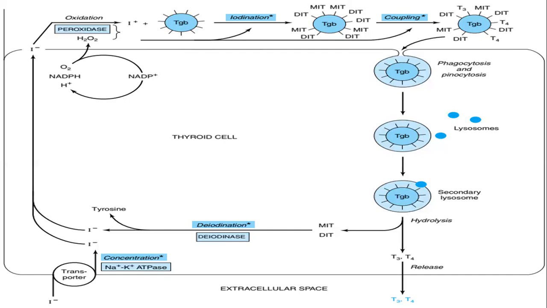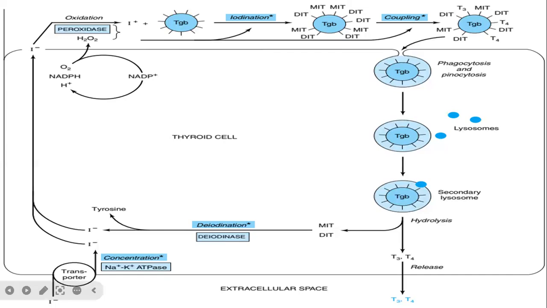Another one can bind to form diiodotyrosine. Because we have so many of them, some will bind to just one iodine, while some will bind two to form diiodotyrosine. So we have a combination of diiodotyrosine and monoiodotyrosine.